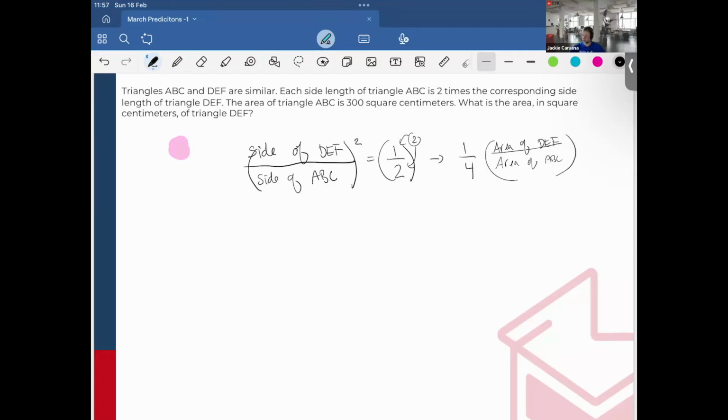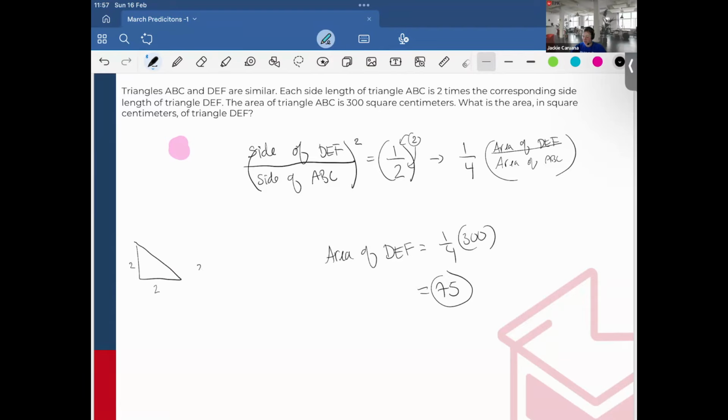And then if I know that, the area of DEF would be 1/4 of ABC, which is 300, which is exactly 75. Isn't it amazing? And just to show, imagine the sides were 2 and 2.